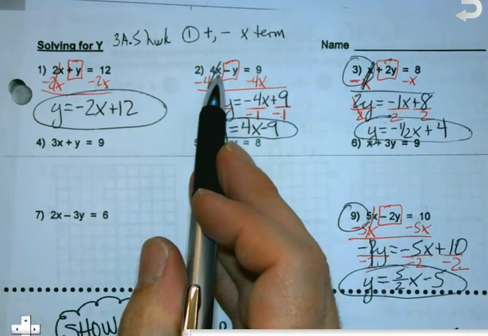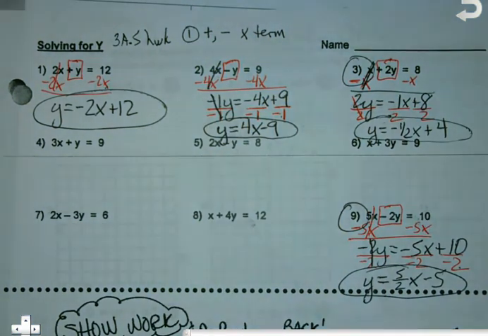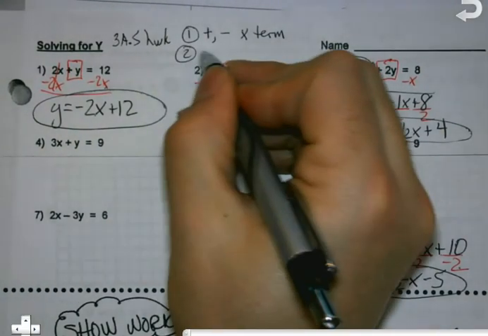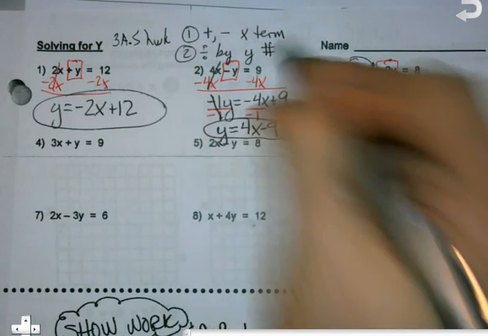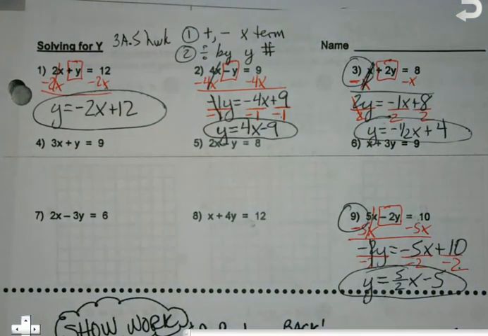So if there's an x there with the y, I got to plus or minus that out of there. Perfect. And then I'm going to divide by whatever number's in front of y. It's always those two steps. That's not going to change on me. Okay?